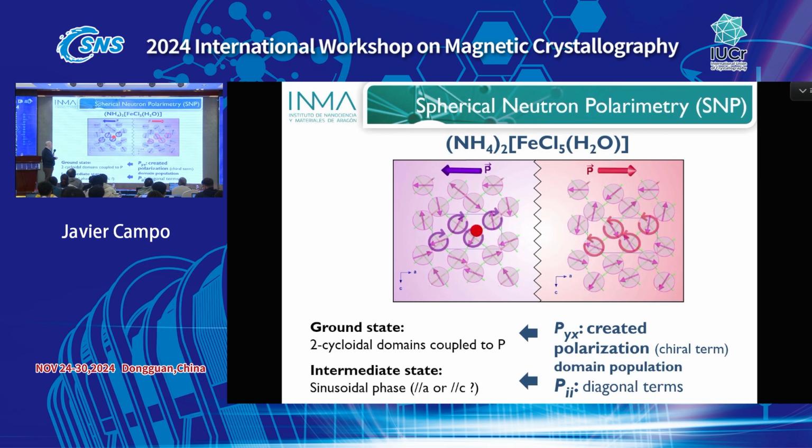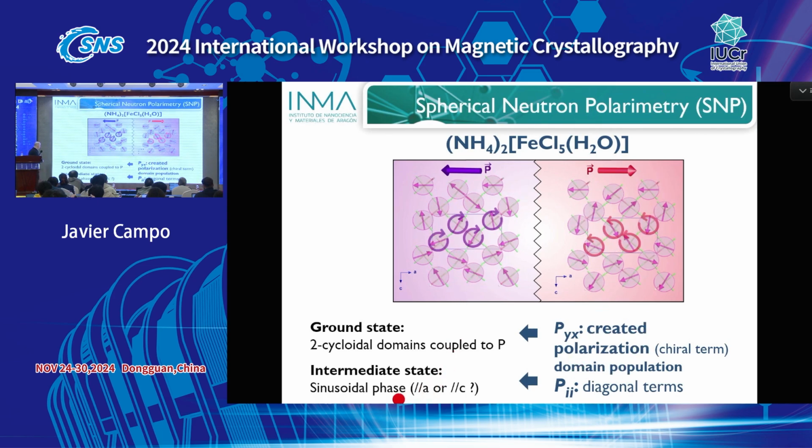If you apply an electrical field, for example, you can move this barrier and you can promote only one magnetic polarization. This was done, you will see the experiments, because the cross term here, Yx, is telling you the population of one domain with respect to the other.